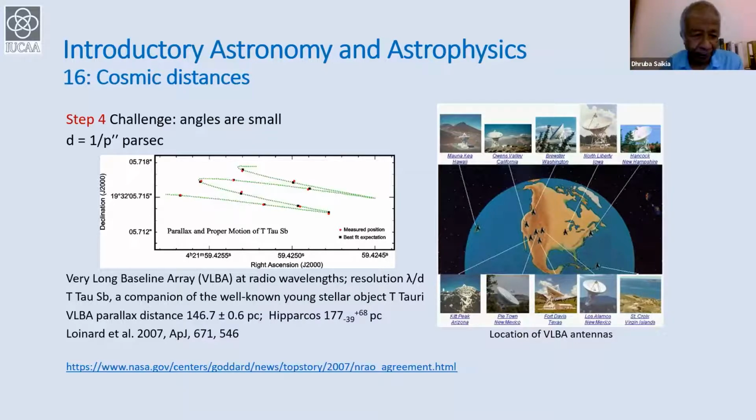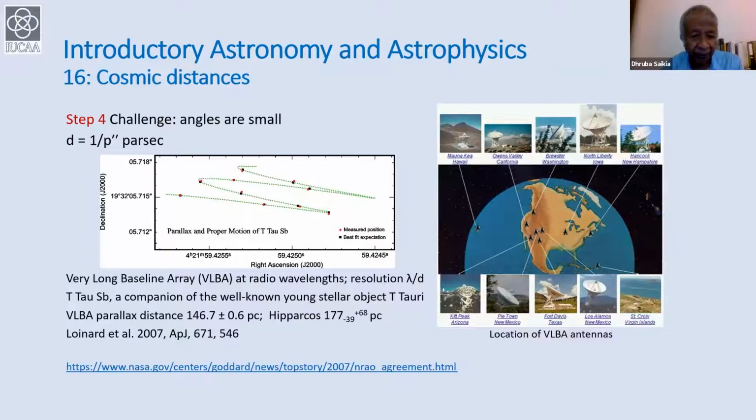Now, the other thing I should mention is that while trying to measure parallax of objects, we have so far assumed that the object is fixed and the angle is due to the Earth's motion around the sun. But the object itself could be moving. For example, if it's in a binary system, the object itself could be rotating about the center of mass. So one has to model out the proper motion of the object as well.